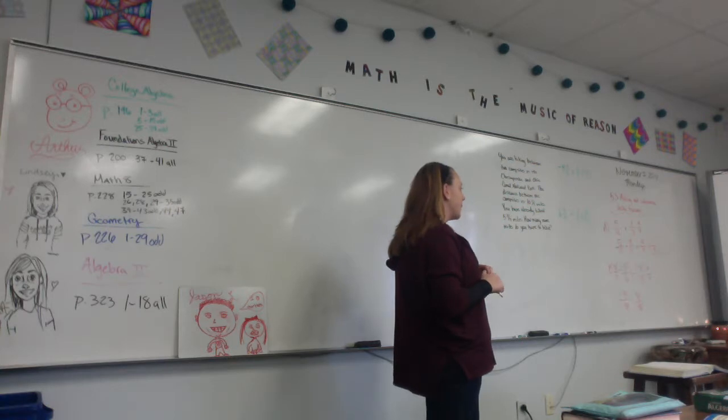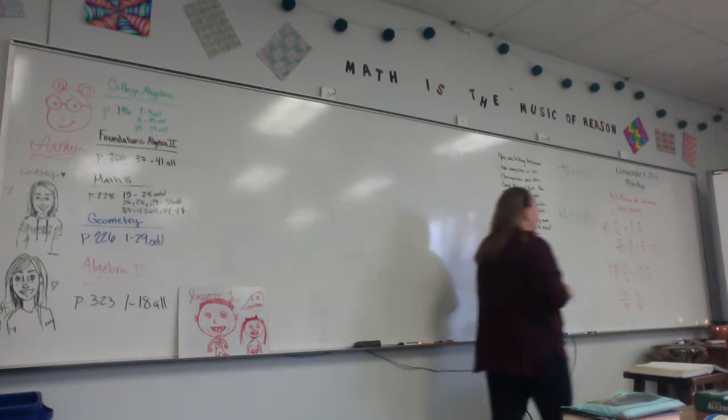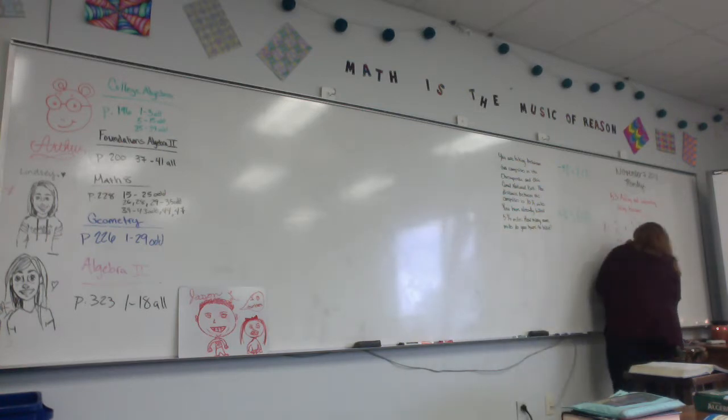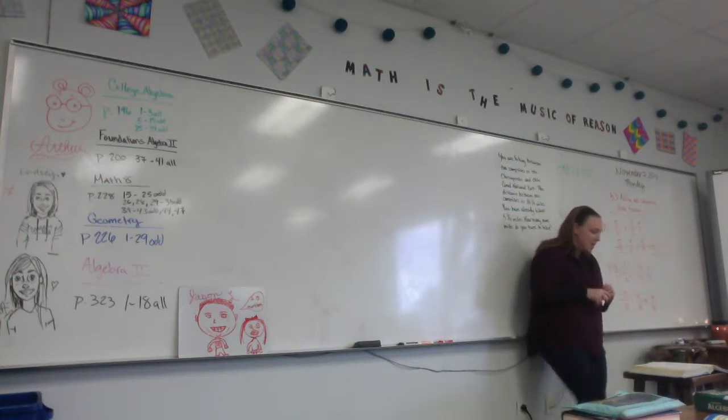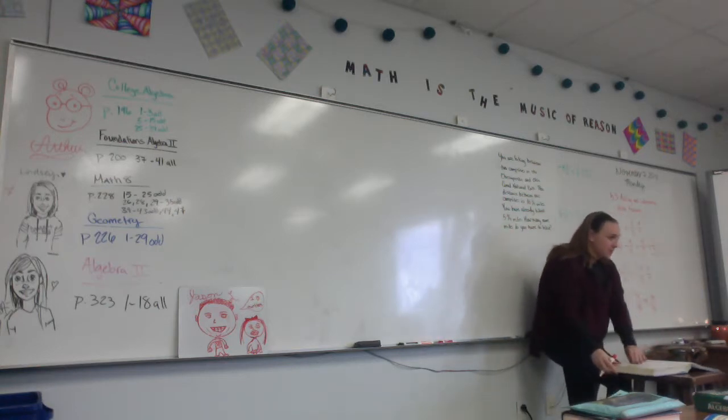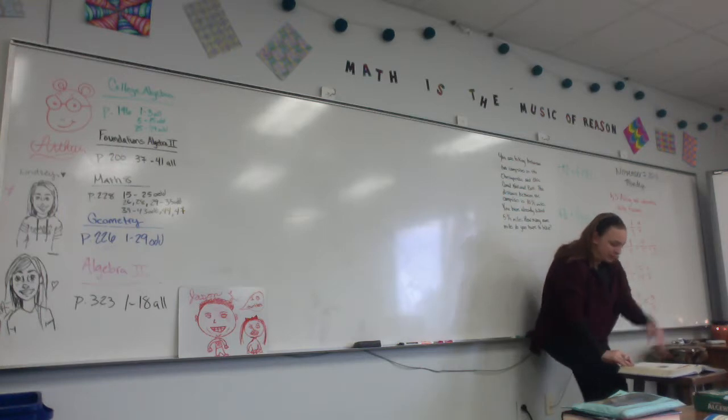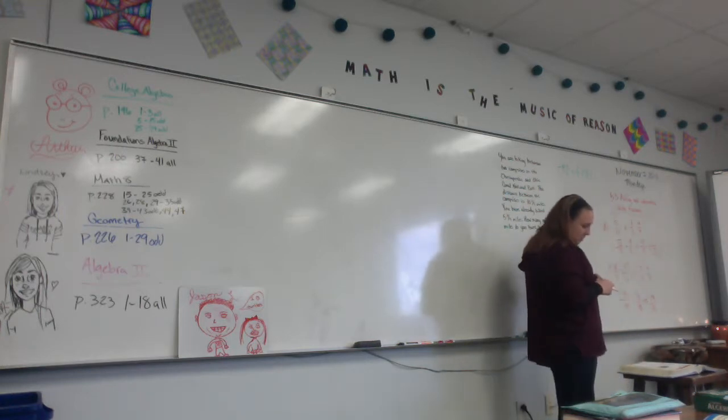What is negative 15/18 minus 14/18? Negative 29/18. Yep, negative 29/18. So what does that make mixed number wise? 1 and 9/18. No, not 9/18.